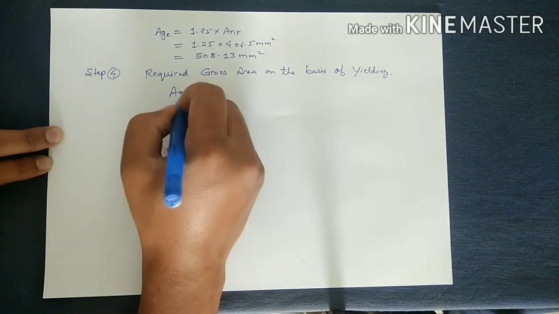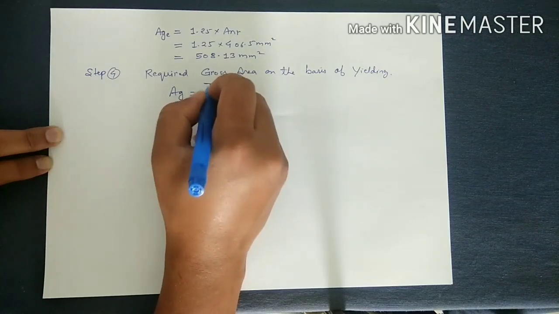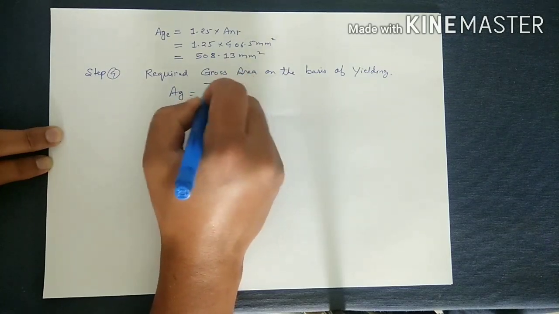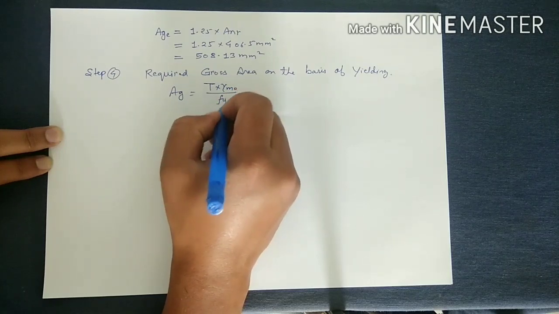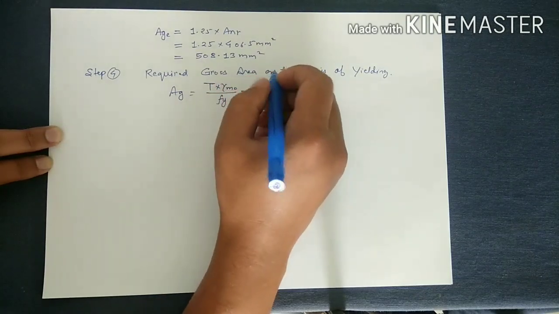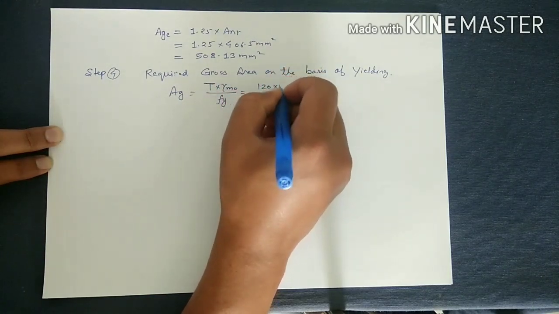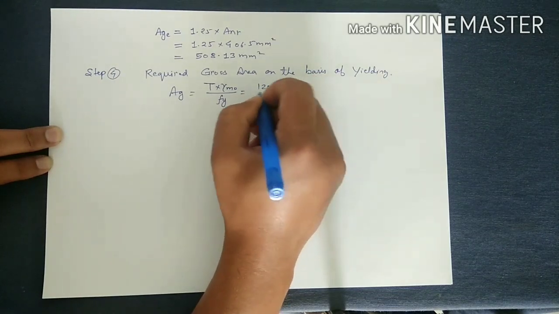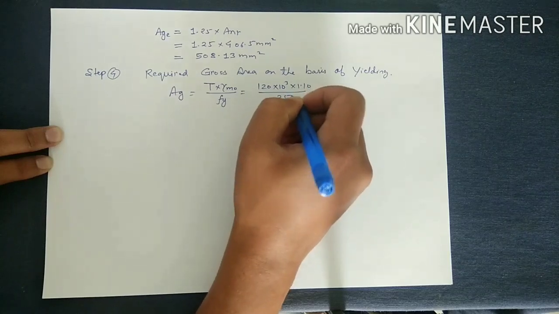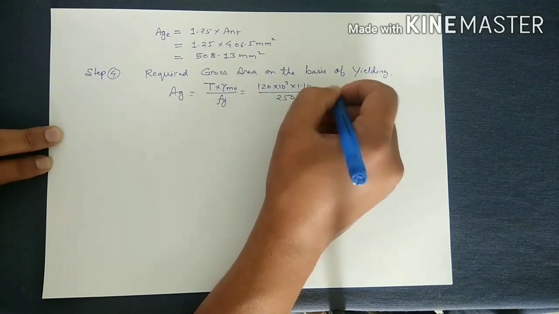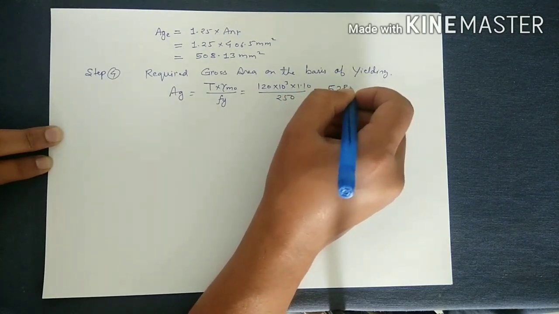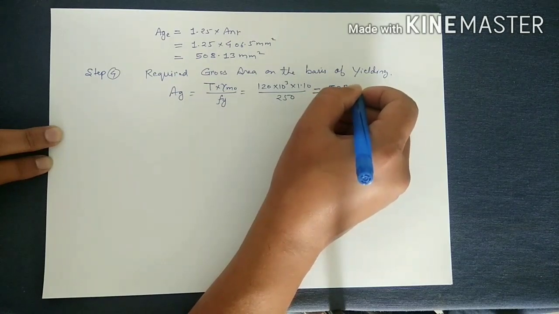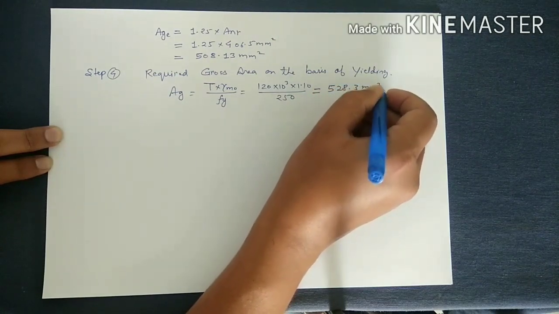So Ag will be equal to factored load into gamma m0 upon Fy, that is 120 into 10 to the power 3 into 1.10 upon 250. On solving this we get 528.3 mm square.